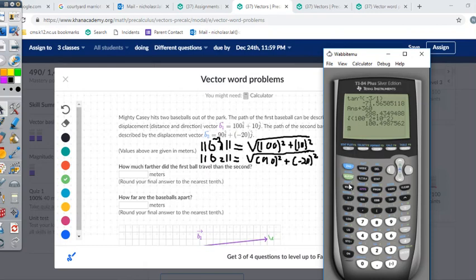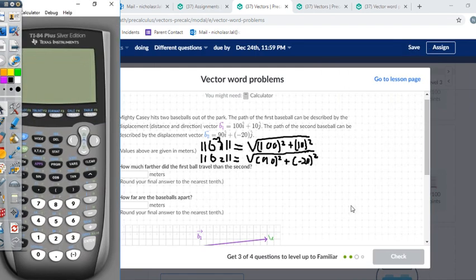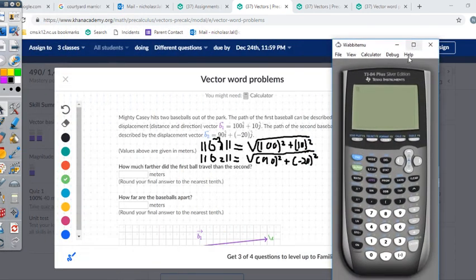So 100 squared is 1,000 plus 10 squared is 100, so 1,100.